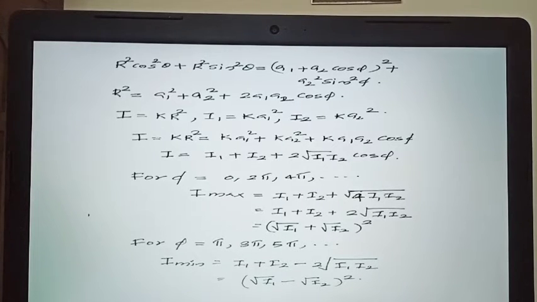The phase difference between the waves must remain constant. The amplitudes of the sound waves should be nearly equal. The displacements produced by the two waves should be along the same straight line.